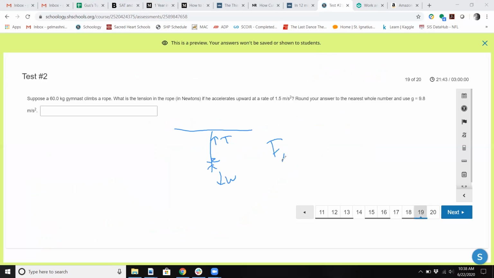Our net force is our tension minus W. So our net force is his mass, 60 times 1.5. The tension of the rope is what we're trying to find, and the weight is going to be 60 times 9.8. And that's all you're working out.